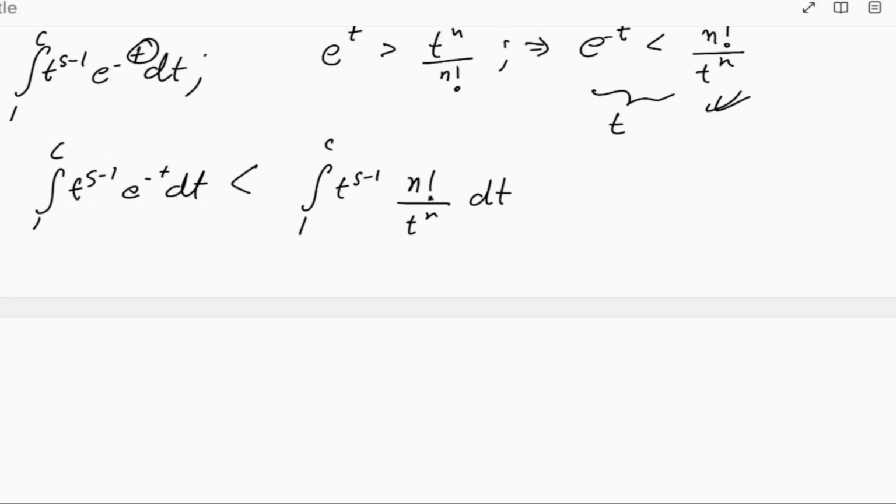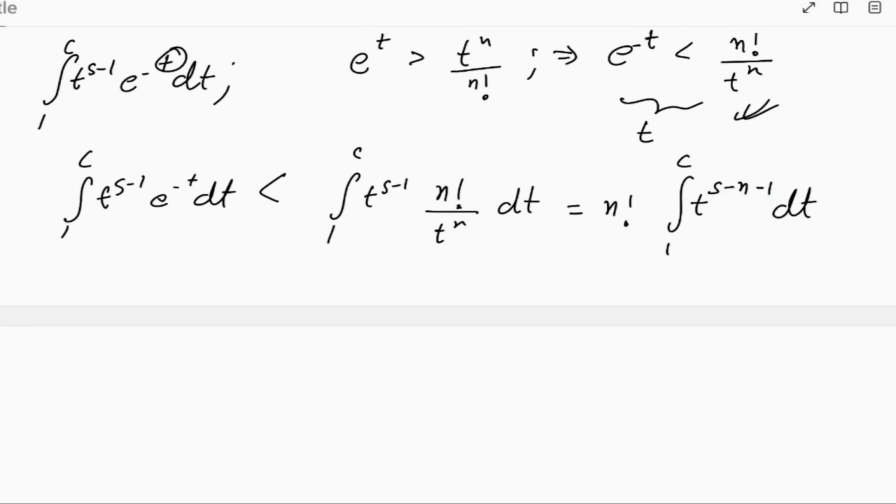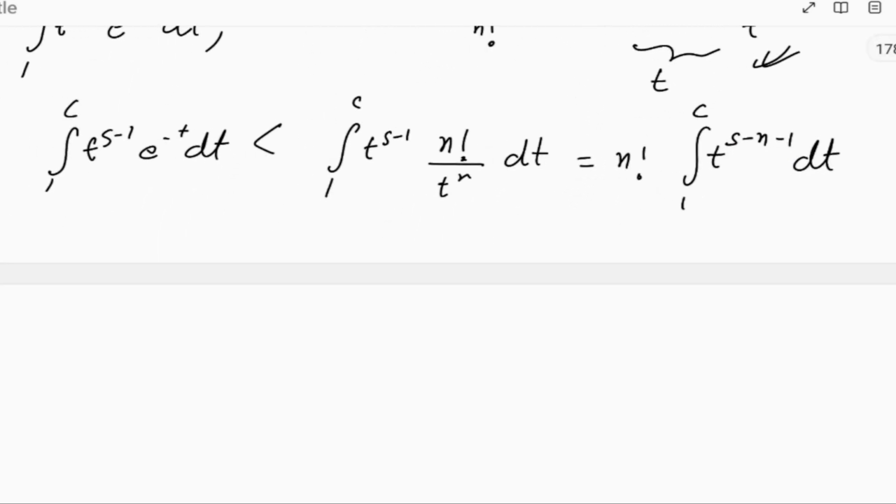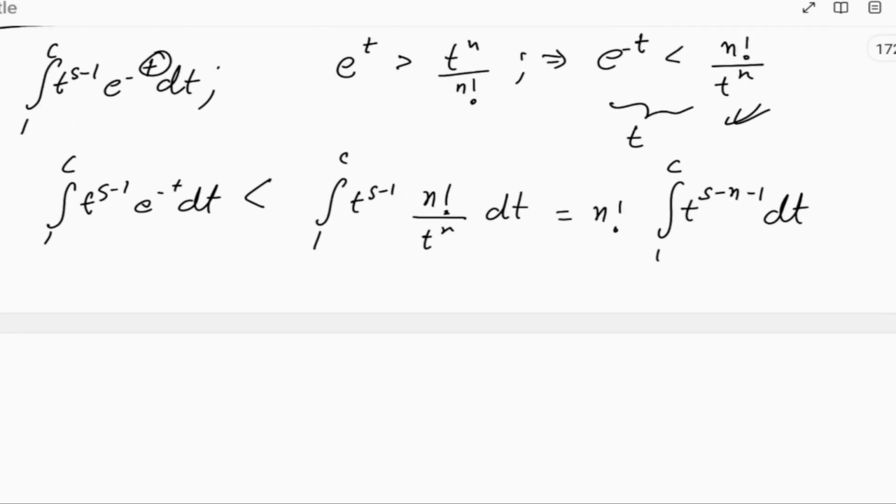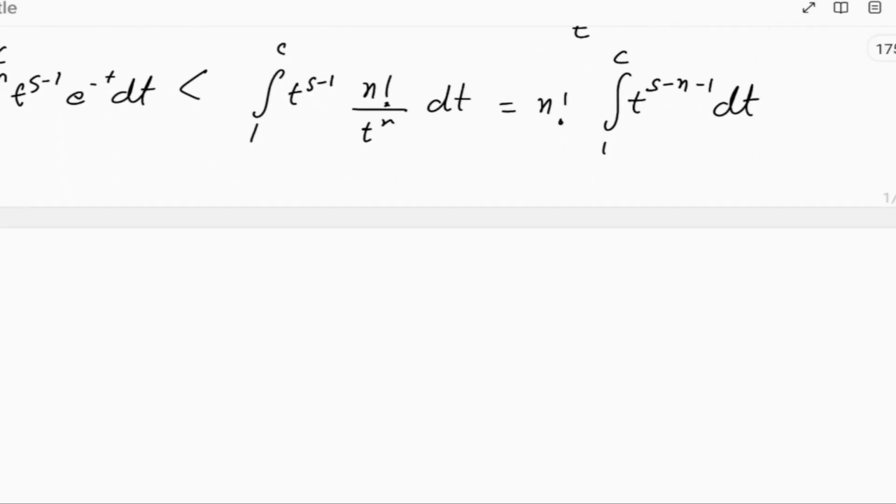Alright, again n factorial here is a constant, so that goes out, and I'm left with t^(s-n-1) dt.